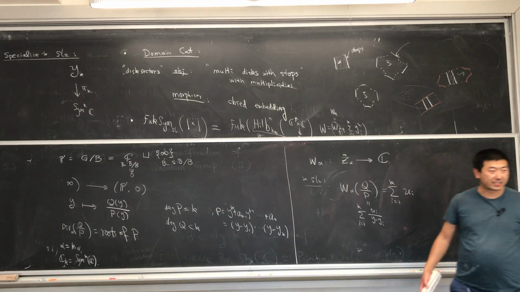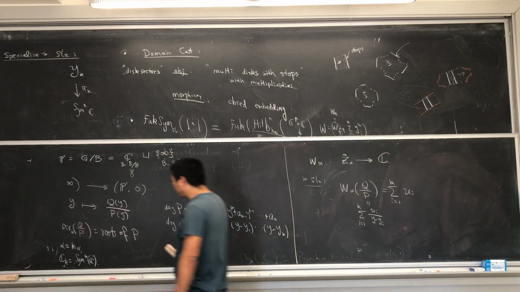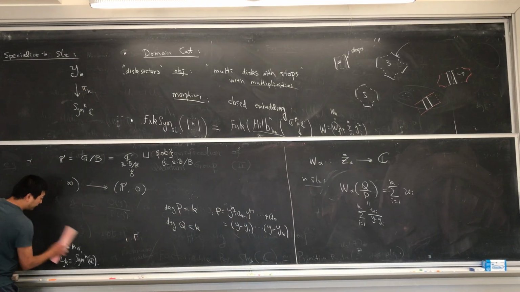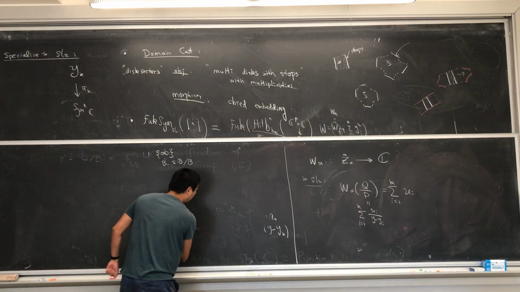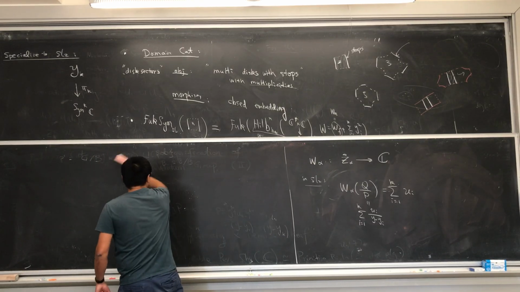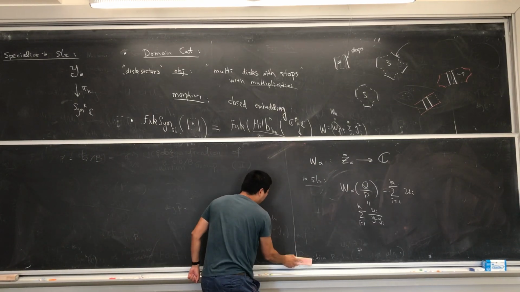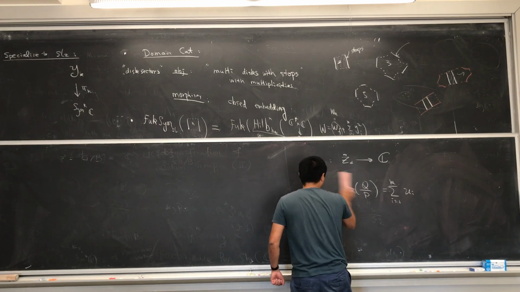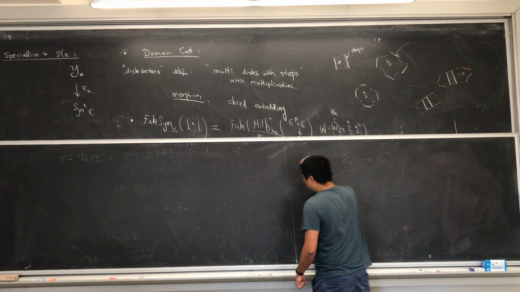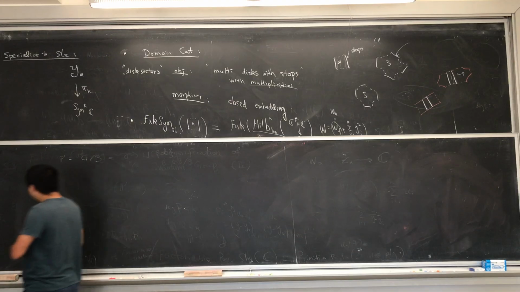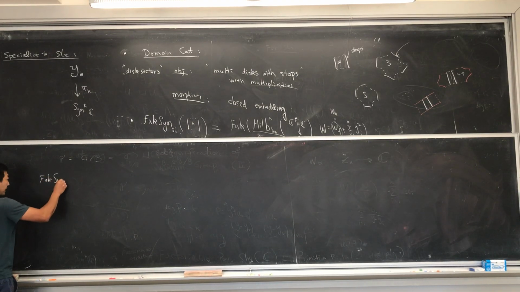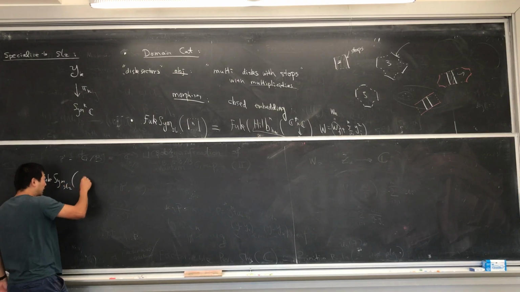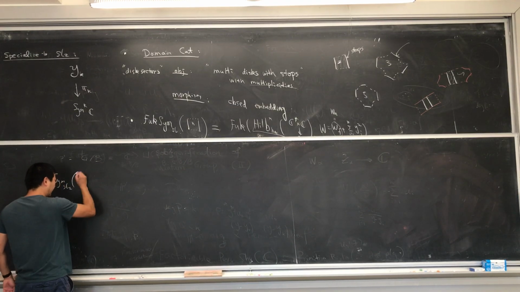But if you have several such disks with stops, what to consider, then it sends disjoint union to a tensor product. So Fuchs-Sim SL2, say D1 disjoint union D2.